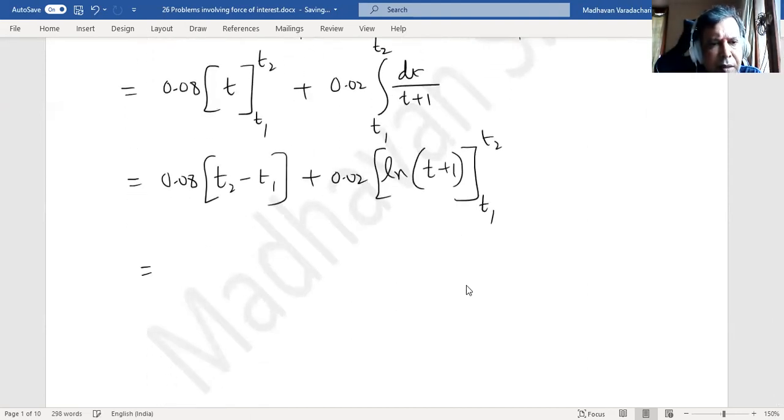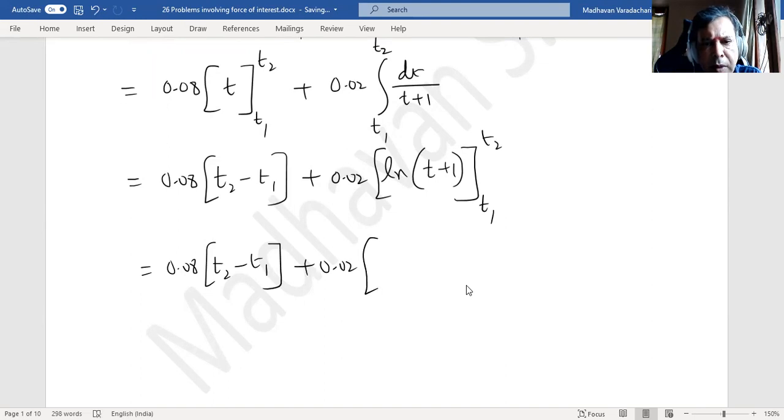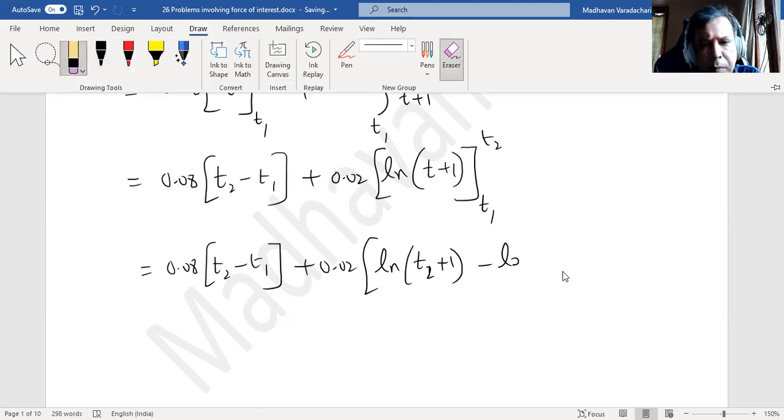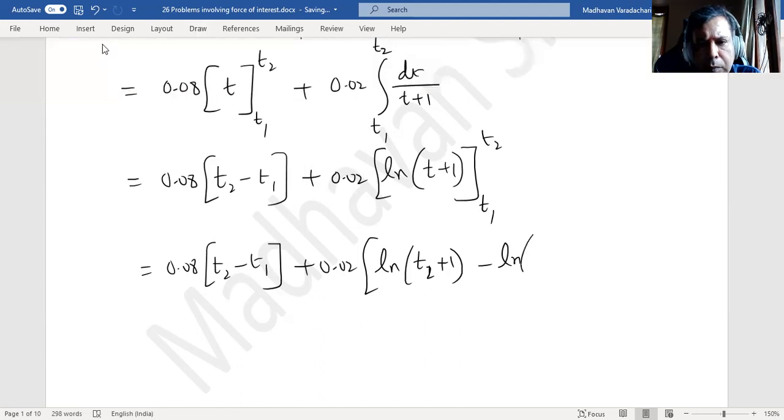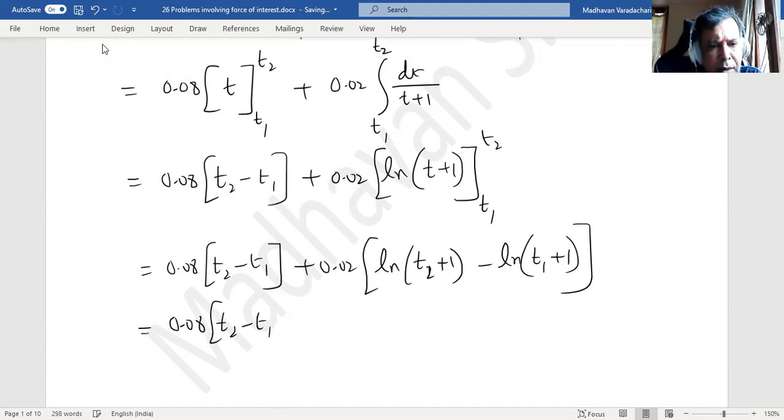So that gives 0.08 times t2 minus t1 plus 0.02 times the natural logarithm of t2 plus 1 minus the natural logarithm of t1 plus 1. This is like log a minus log b, which is log a by b.